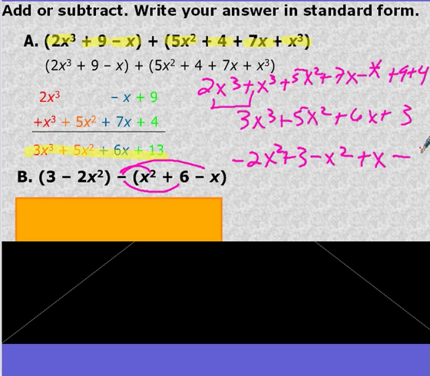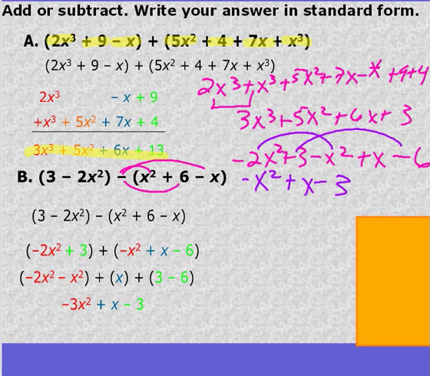And then I can start adding together my like terms. I have a 2x squared minus x squared gives me 1x squared, or a negative x squared. Let's see, we have positive x, and then we've got positive 3, and negative 6 is going to be a negative 3. And hopefully that's what they have for their answer.